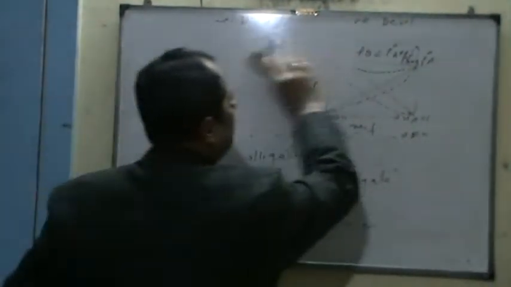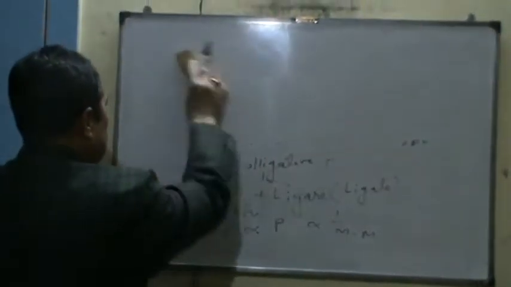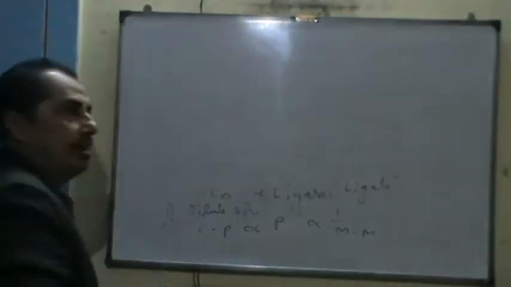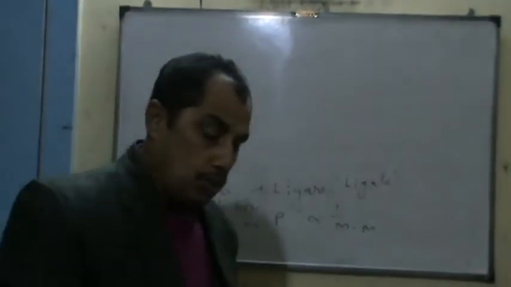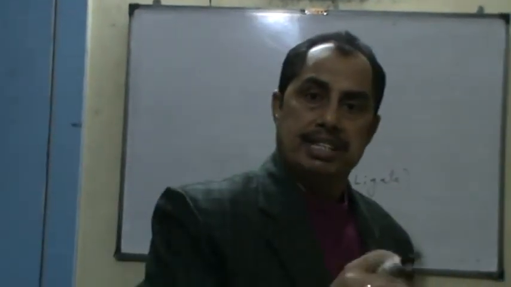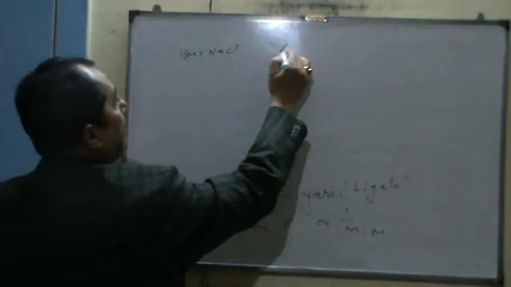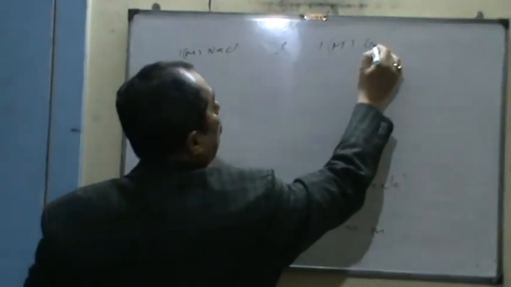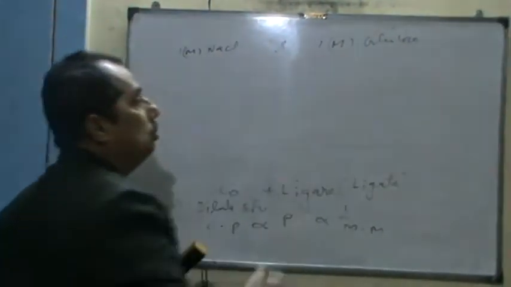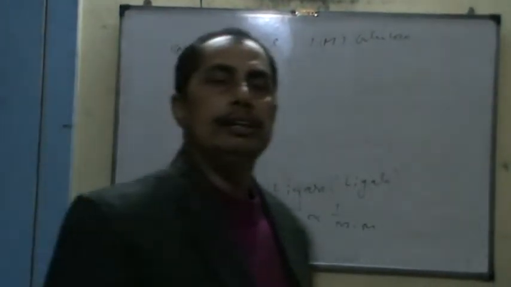It is better to explain by taking a very good example. This question was asked in the previous CBSE paper. I say 1 molar NaCl and 1 molar glucose. Can anybody tell me which has more colligative property?